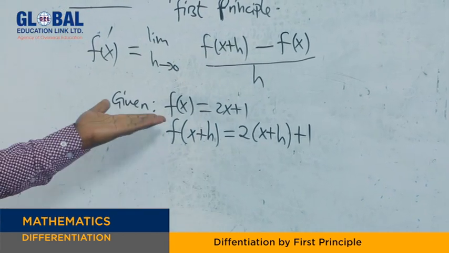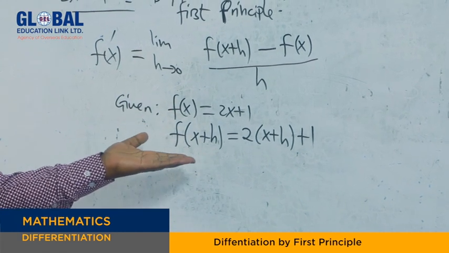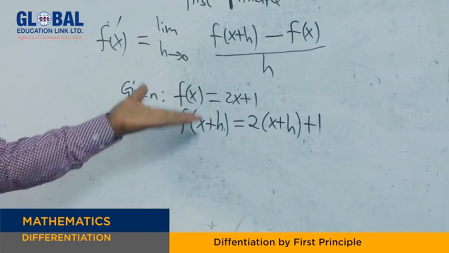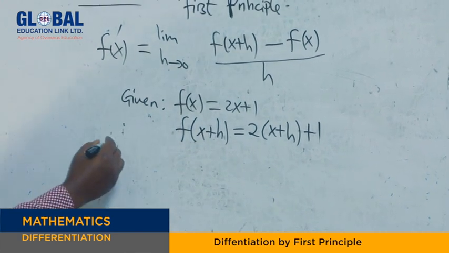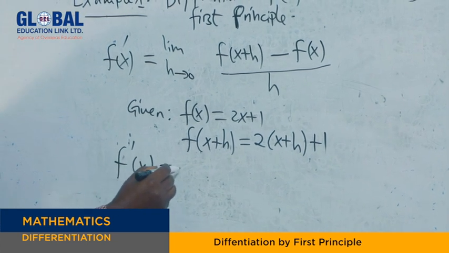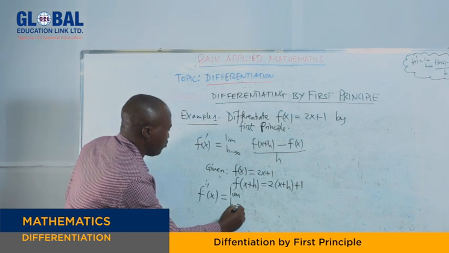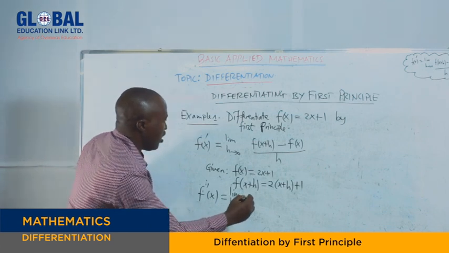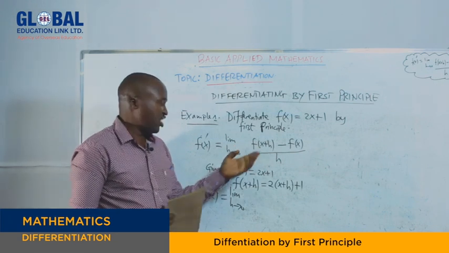Then you have the values of f of x and f of x plus h, so we can input these into our general formula. Now, f dash of x will be equal to the limit as h approaches 0, and we start with f of x plus h.